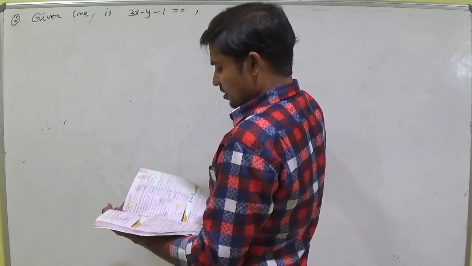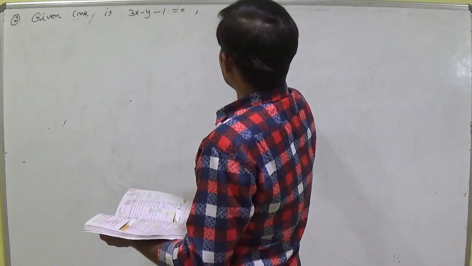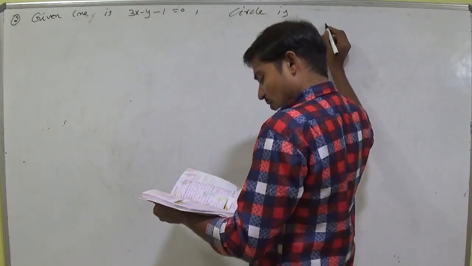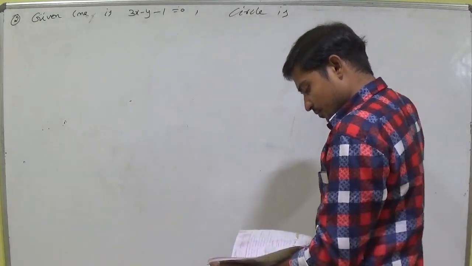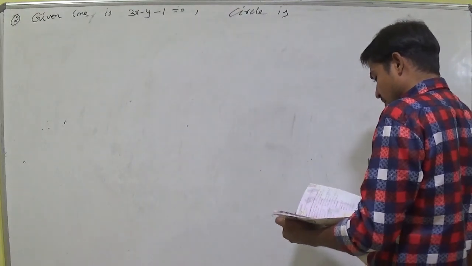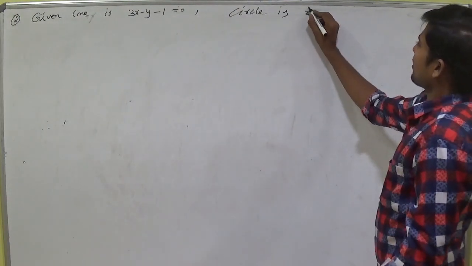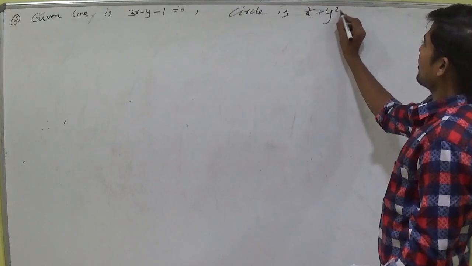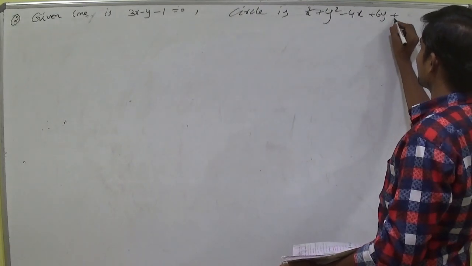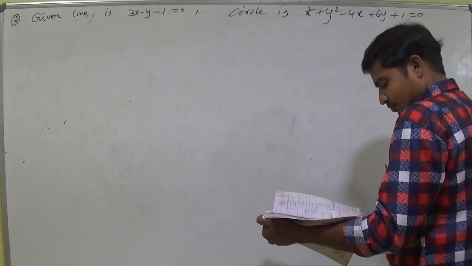Given circle is x square plus y square minus 4x plus 6y plus 1 equal to 0. Right?